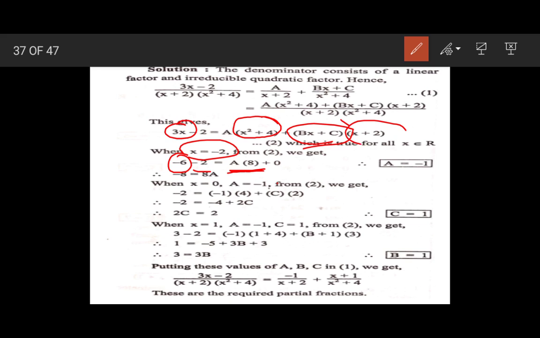But the last factor will be minus 2 plus 2, which is 0, and 0 into this whole term is 0. We are substituting x plus 2 as 0, so this term will be 0. So we get minus 8 equal to 8A. That means A is equal to minus 1.